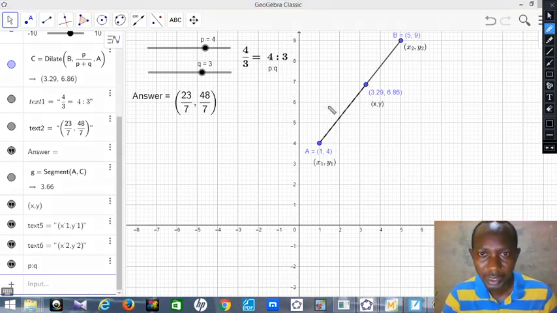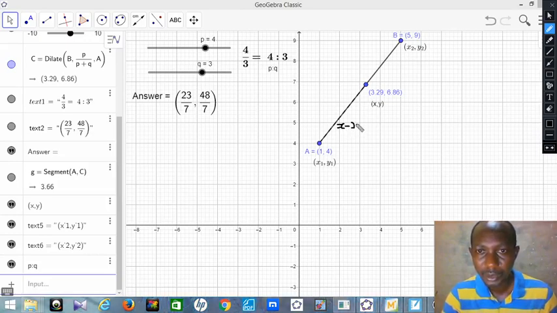The distance from this point to A is going to be x, which is this x that we are looking for, x minus x1. So that is for the x coordinate.